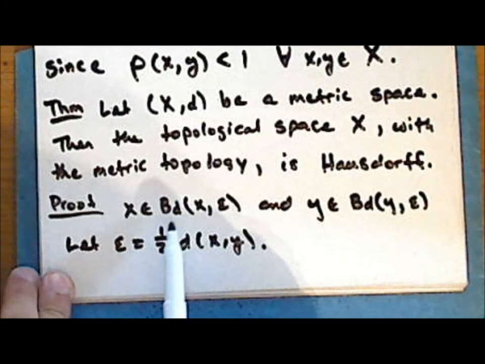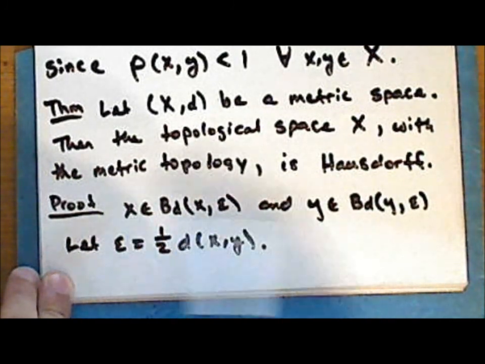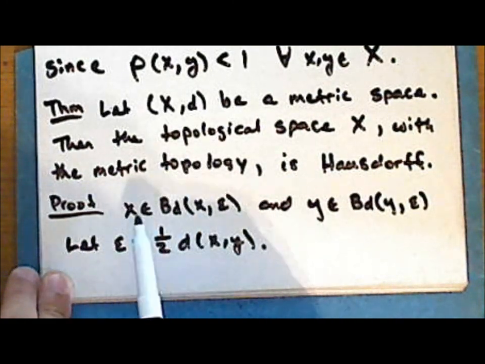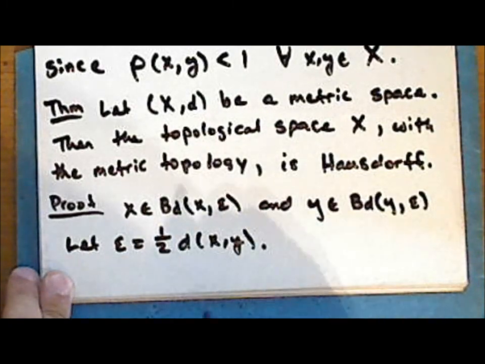Then as these open balls are open sets containing the respective points, they are open neighborhoods of the points x and y respectively. So we'll show that the intersection of these two neighborhoods is empty.